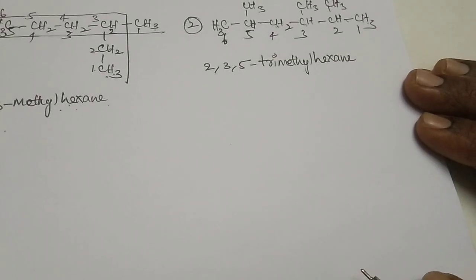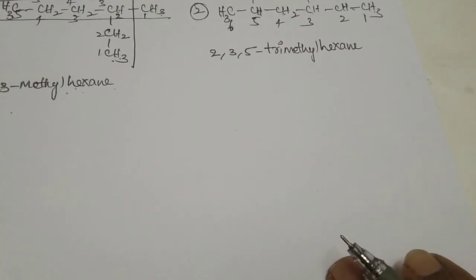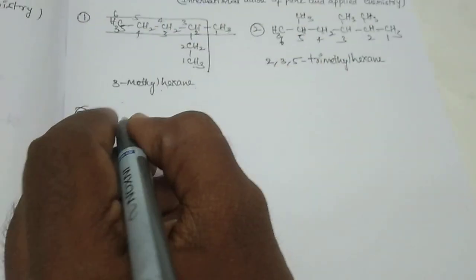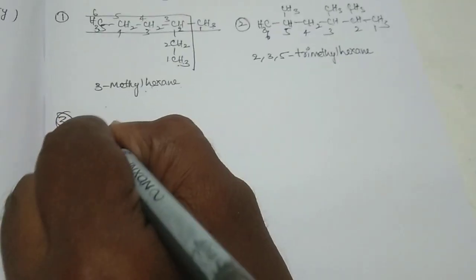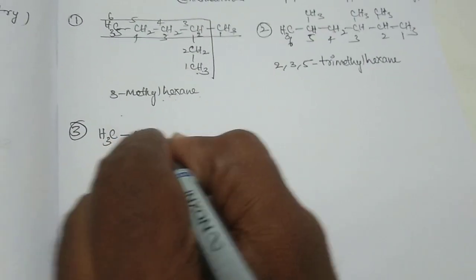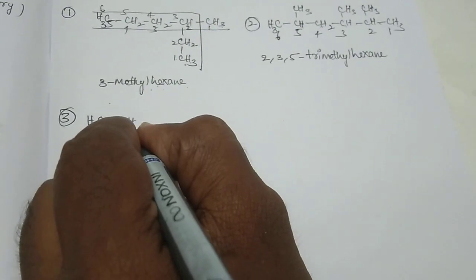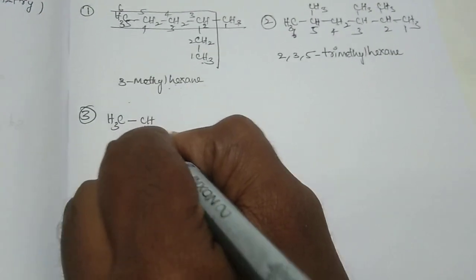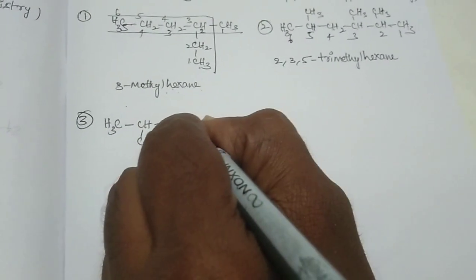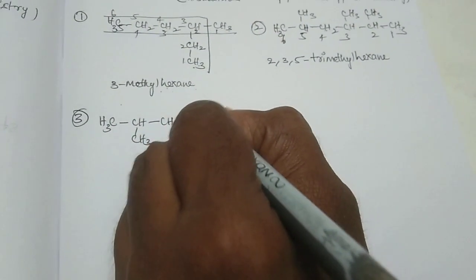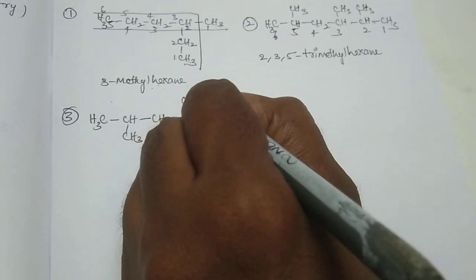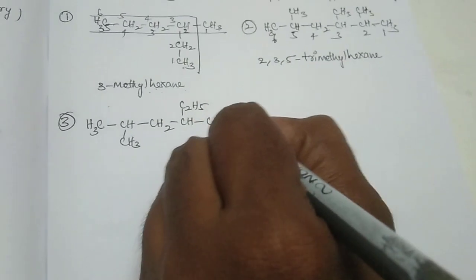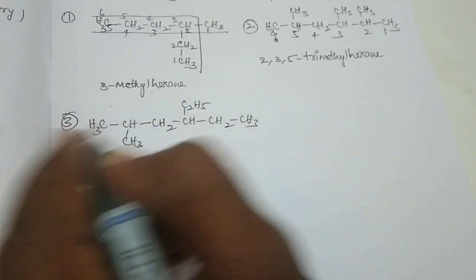If the substitutions present on the carbon chain are different, then, for example, CH3, CH, CH2, CH, C2H5, CH2, CH3.